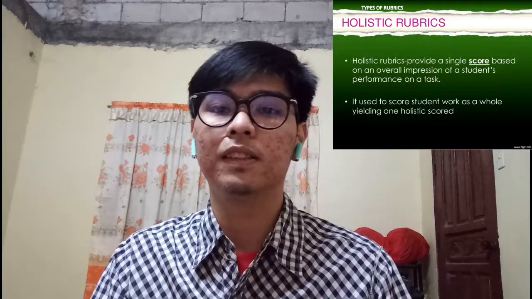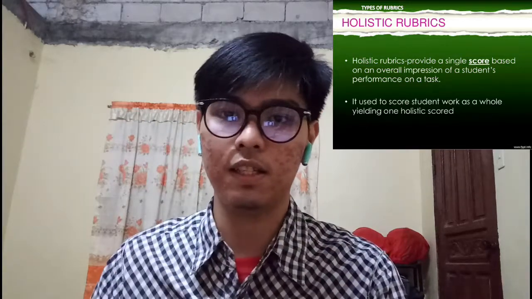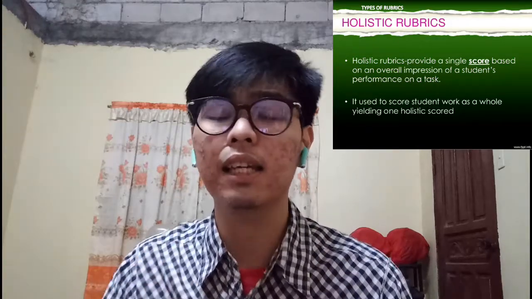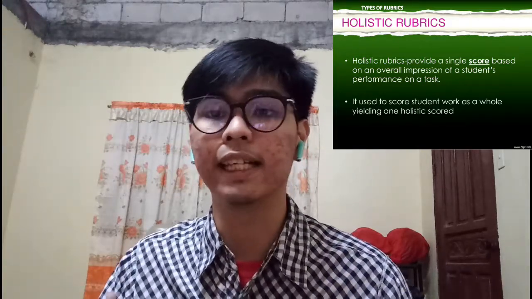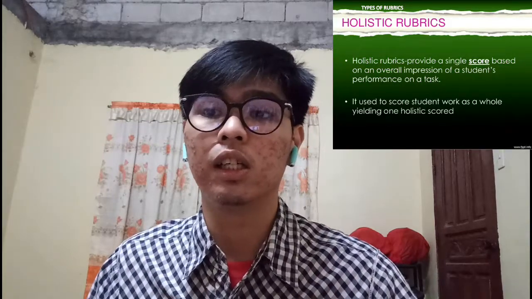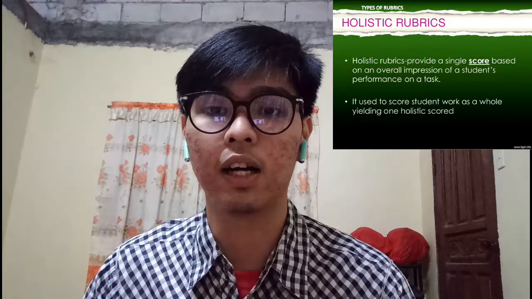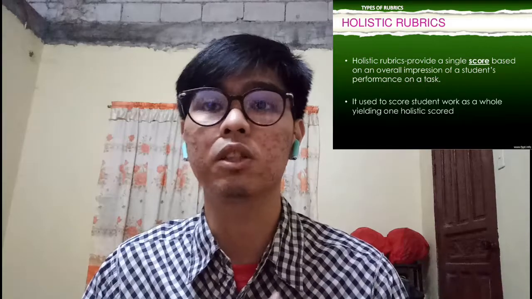So first is holistic rubrics. Holistic rubrics provide a single score based on an overall impression of a student's performance on a task.